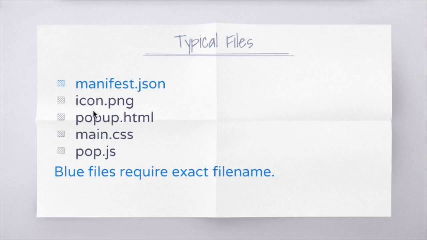And then here are some typical files. You probably want a picture for your icon if it's the type of extension that people click on and something shows up. An HTML file, a CSS file, and any JavaScript files that you are going to need. You can keep them in the same exact folder. If you end up having a lot of files, you can start nesting and just change the file paths that you put in manifest.json.